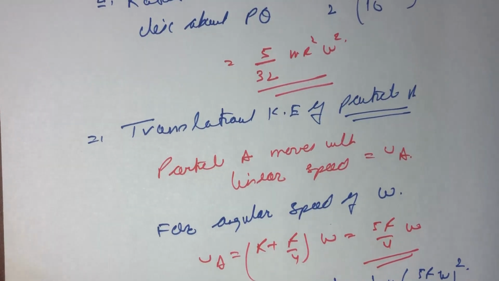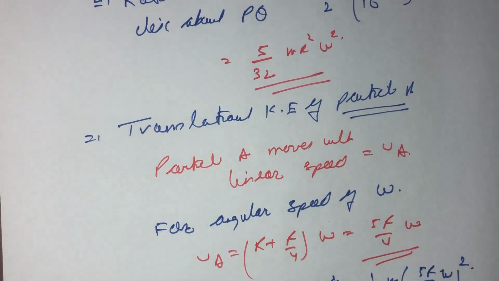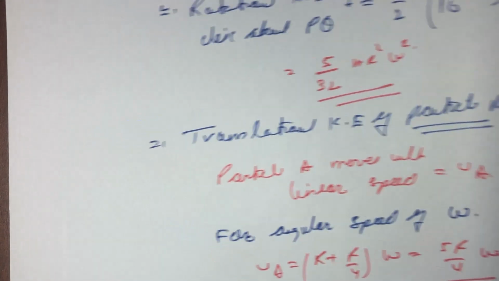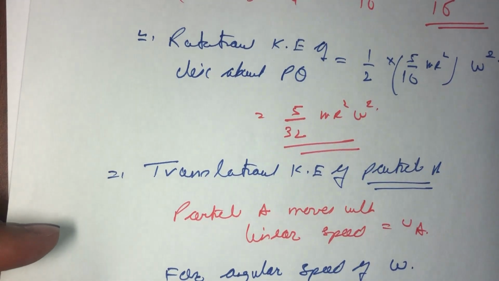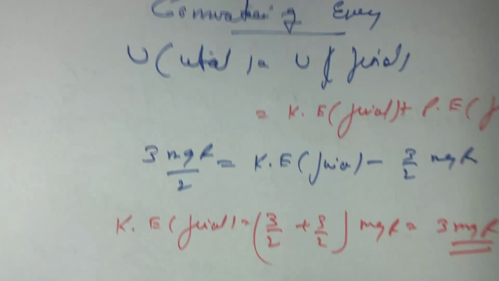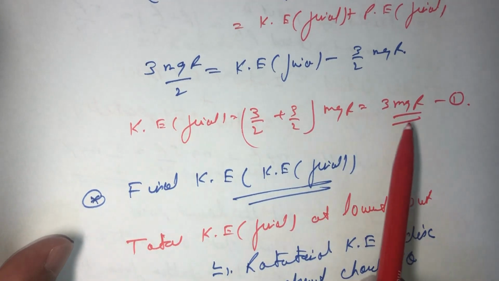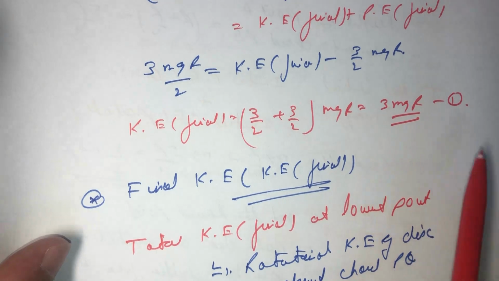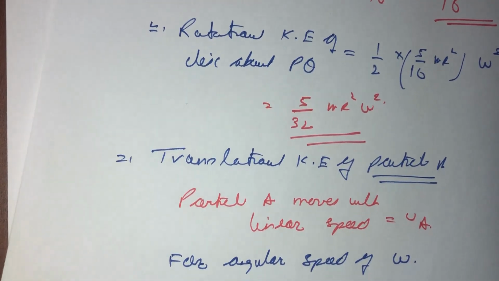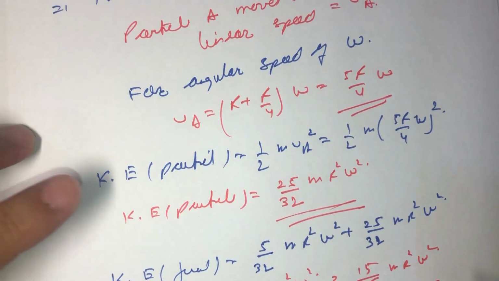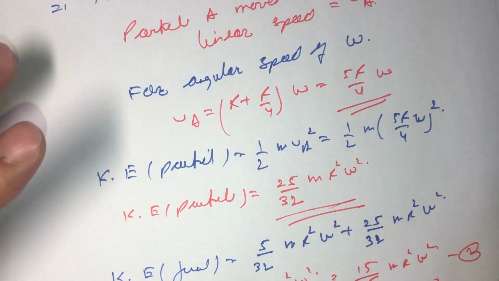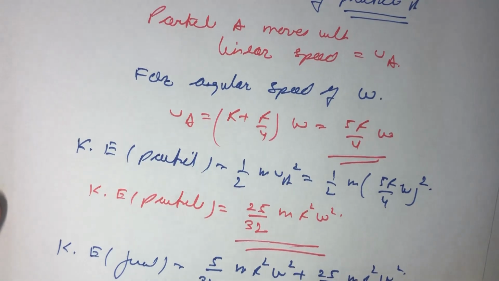So we found that kinetic energy final is 15 upon 16 mr square omega square, and we already know that we calculated in equation 1 that kinetic energy final is 3 mgr. So let this be equation number 2.